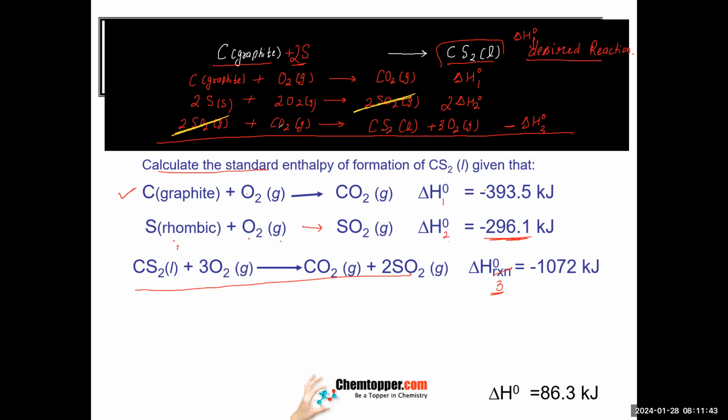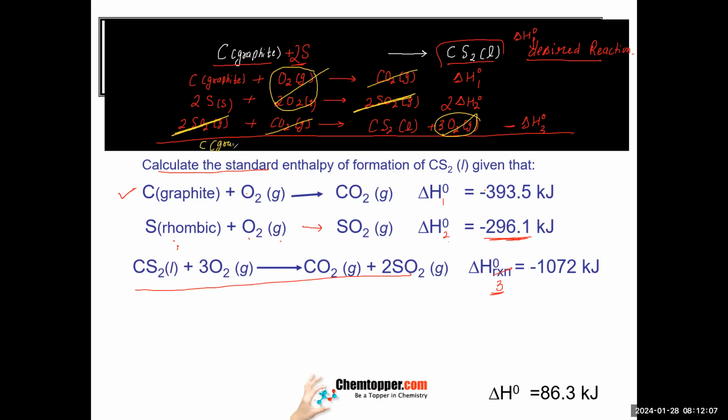Intermediate. CO2, CO2. Cancelled? O2 plus 2O2, 3O2. Cancelled? So what is left? Is there anything to cancel? No. What is left?